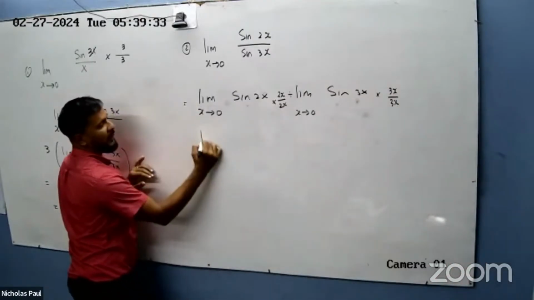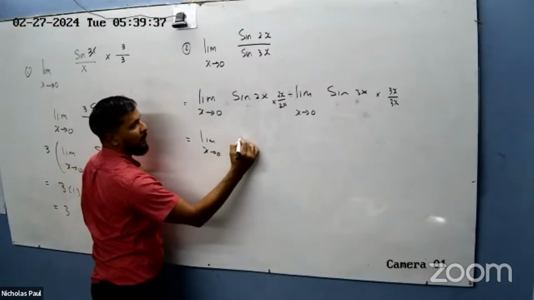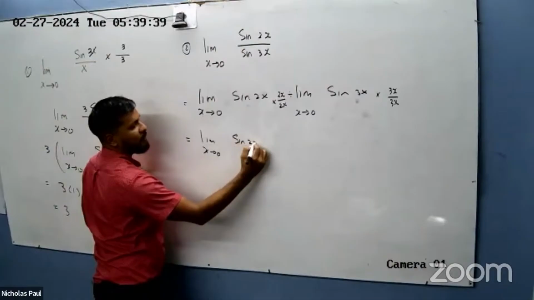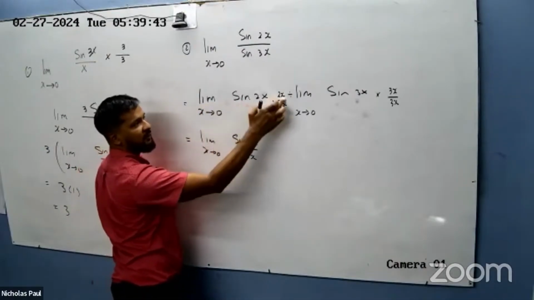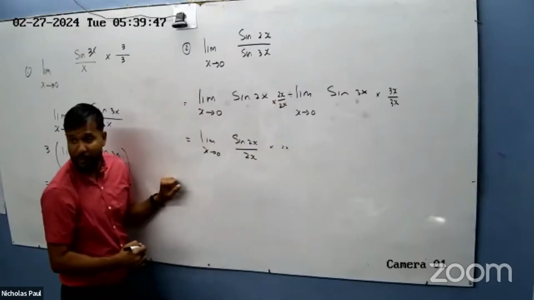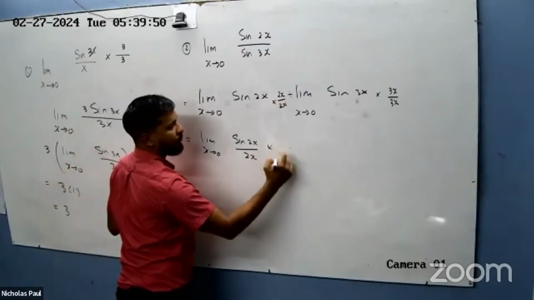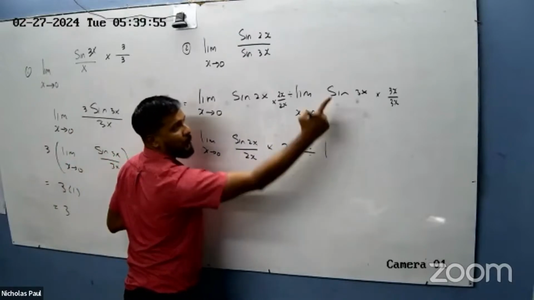So this will be the limit as x approaches 0 of sine 2x over 2x. Remember, it's the limit of this by this, so I put in multiply by 2x. You okay with that? Divided by, I'm doing the same thing here.